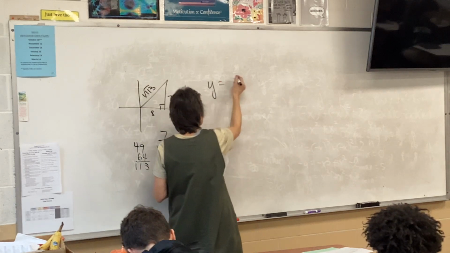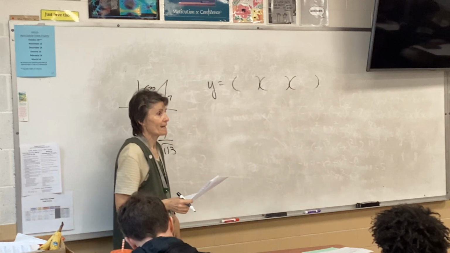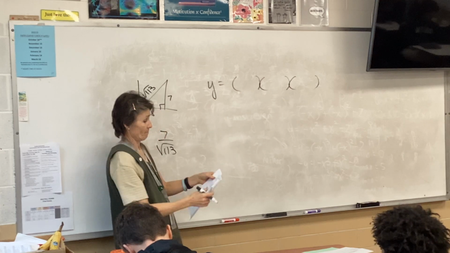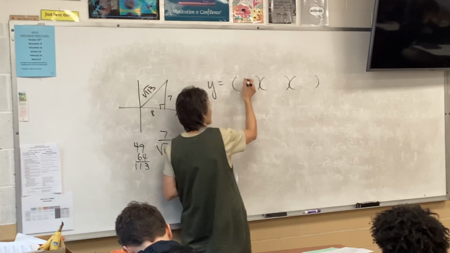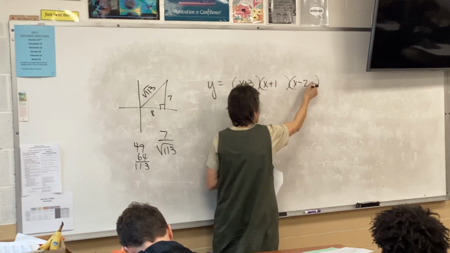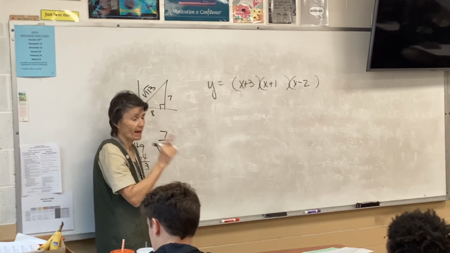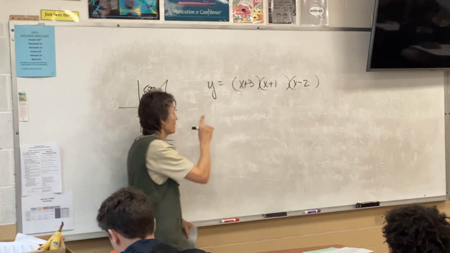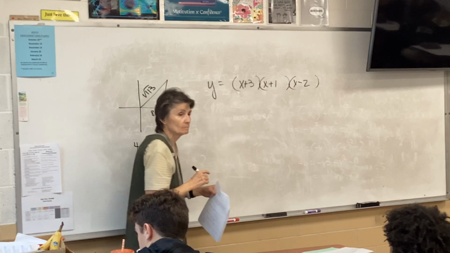So when I write this, I start with my zeros or my x-intercepts. What are my x-intercepts? Negative 3, negative 1, and 2. So my factors are x plus 3, x plus 1, x minus 2. Now, here is the part you have to be on your toes. Look carefully at the picture. Am I going to put exponents on any of these factors? It bounces on the left.